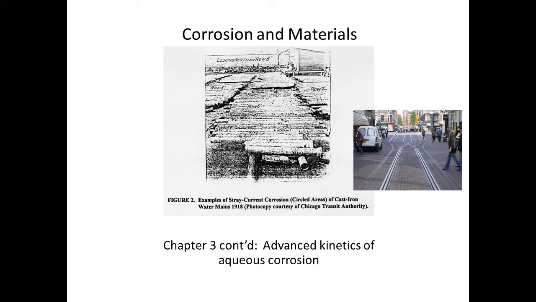And that's a stray current. The power supply to the tram system did not intend to apply this current, but nonetheless it pulled some stray current from the cast iron water pipes, corroding them as it did so, and it's characteristic of stray current corrosion that it happens in very precise small areas which are closest to, in this case, the electrical rails.